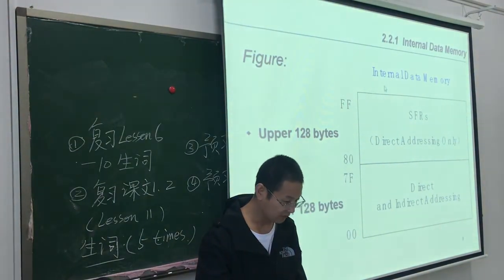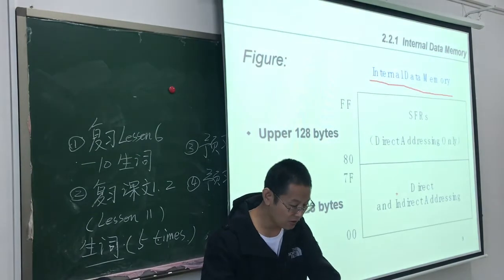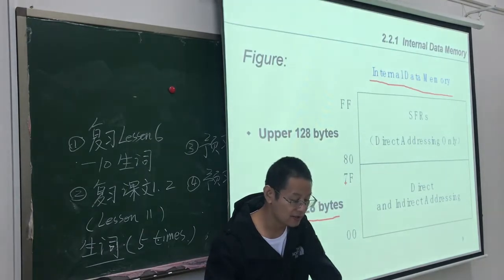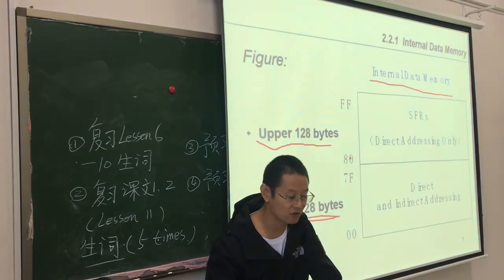Internal data memory. Lower 128 bytes, 00 to 7F, and upper 128 bytes, 80 to FF. There are two parts, upper and lower. The upper 128 bytes are the special function registers.